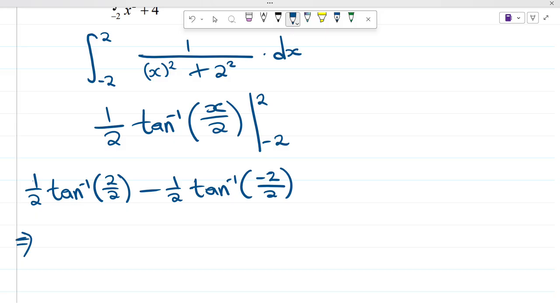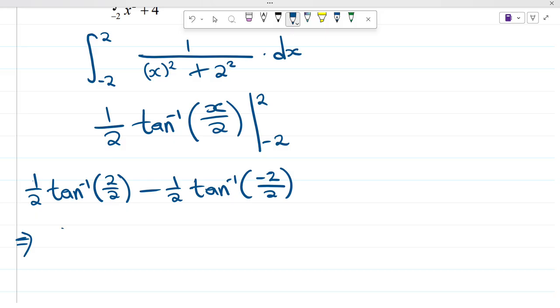So this is going to be 1 over 2. I'm busy pressing on the calculator, so please be patient with me as I press these things. 0.5 shift tan inverse of 1 minus 0.5 shift tan inverse of negative 1, I mean.